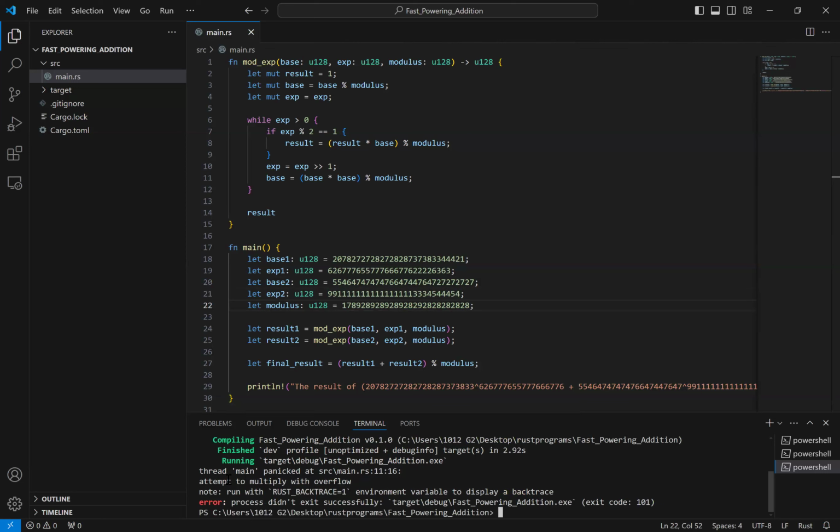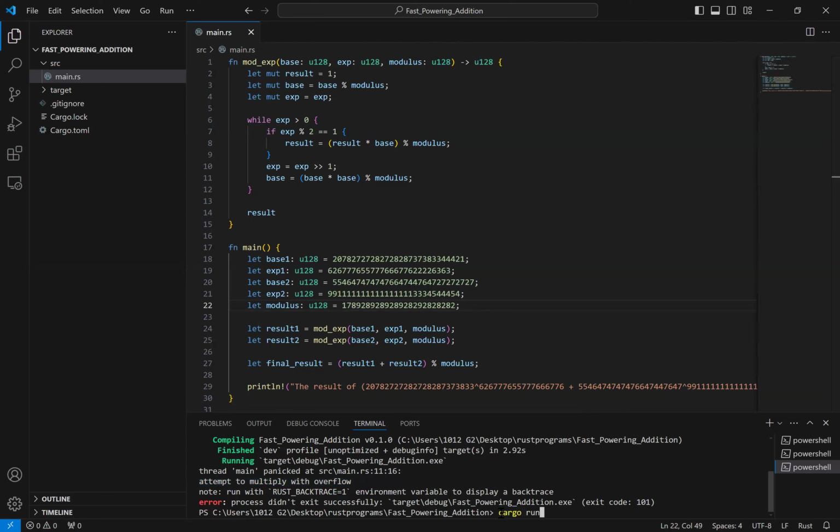This one, what does it say? It does not write. It says the thread panicked. The reason is there is an overflow. What that means is that these numbers are bigger than U128. So that means we will have to use code that can handle larger numbers.